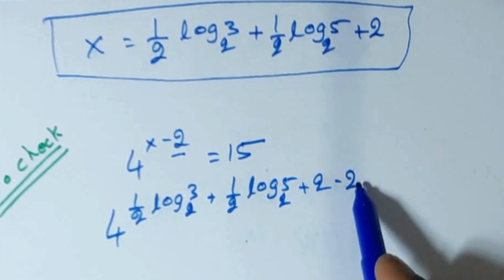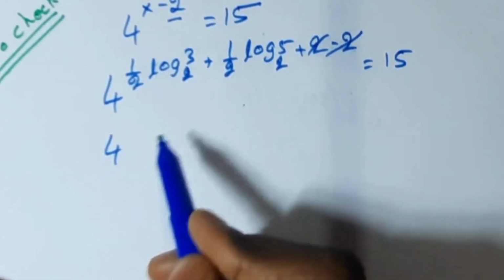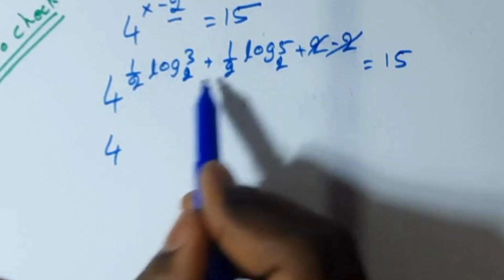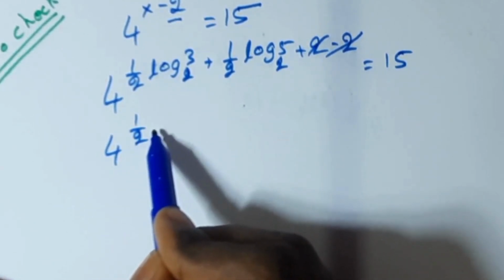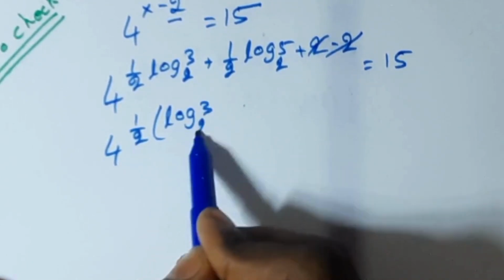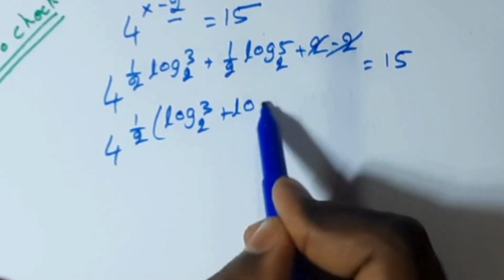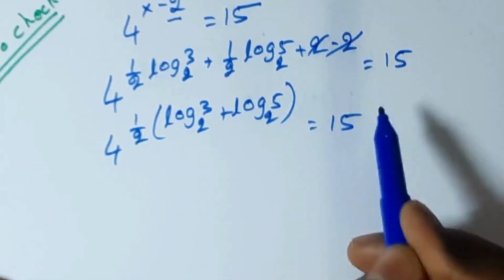This plus 2 and minus 2 will get cancelled. So now 4 to the power of, we are going to take 1 by 2 common. 1 by 2 in the power, log 3 base 2 plus log 5 base 2 equal to 15.